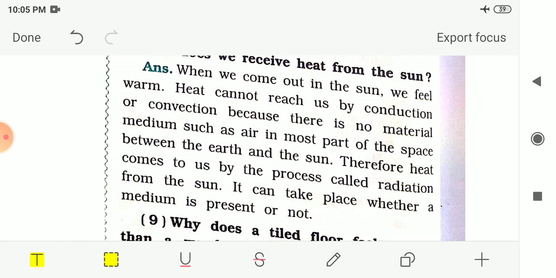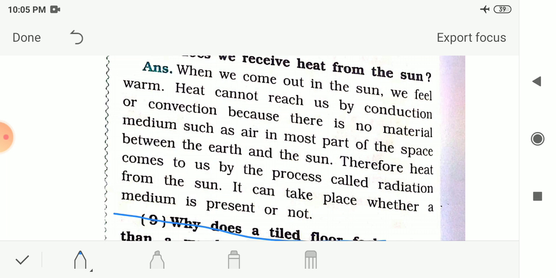Heat cannot reach us by conduction or convection, because there is no material medium such as air in most of the space between the earth and sun. Therefore heat comes to us by the process called radiation from the sun, and it can take place whether a medium is present or not. So this is how heat transfer takes place from sun to earth.